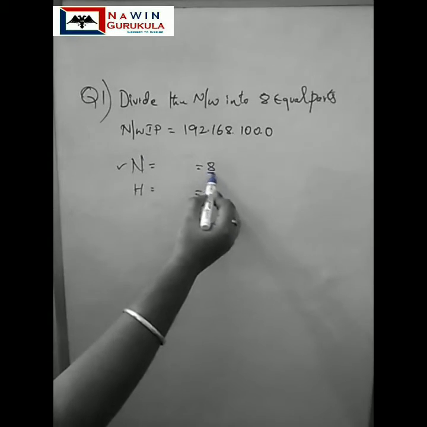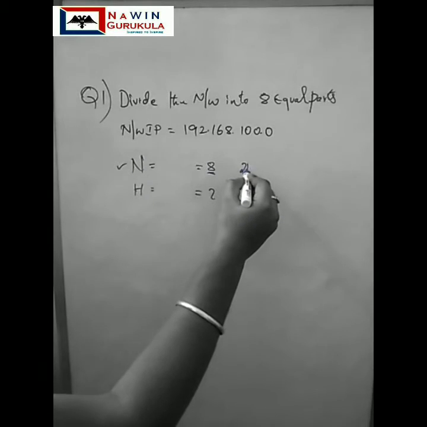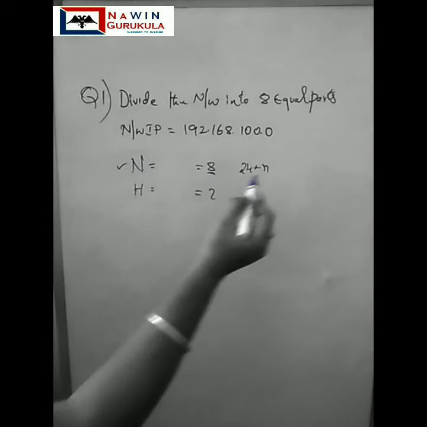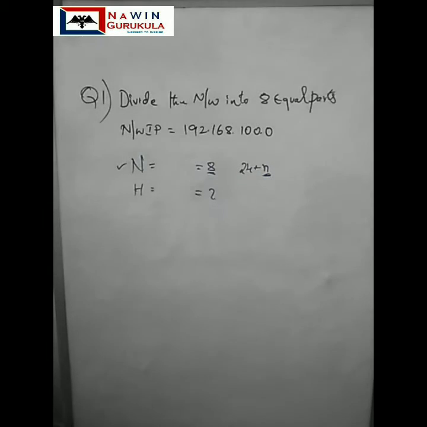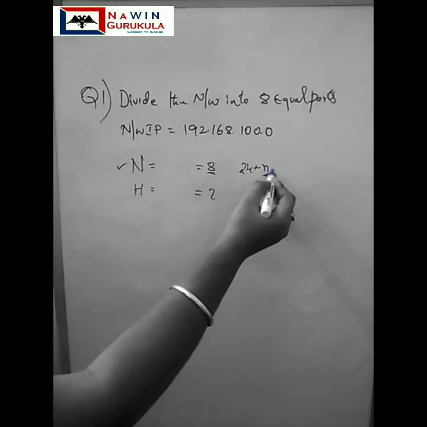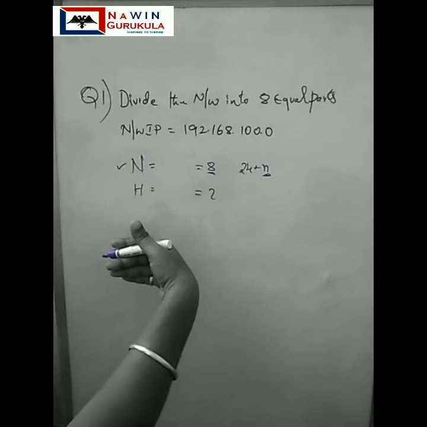So to get the total number of networks, there are a total of 8 networks. The number of network bits should be 24 plus the small n. So what is this small n? This defines how many bits I have to borrow from the host bits towards the network, right?